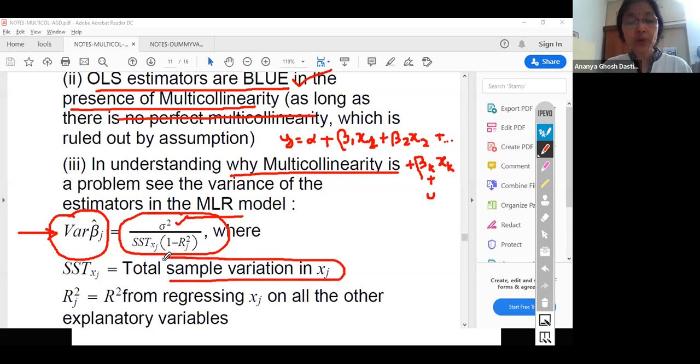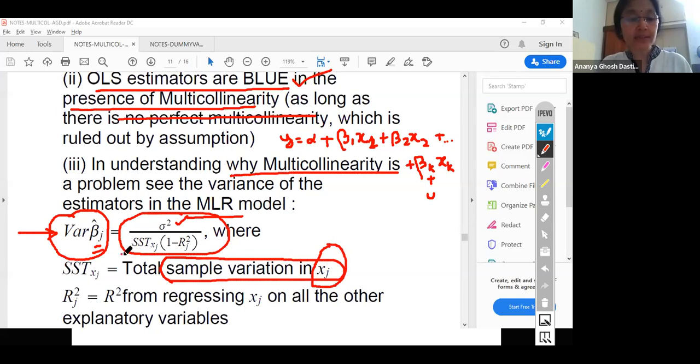So if I'm talking about beta hat 1, the variance of beta hat 1 is a function of sigma square and of the total variation in x1. If I'm talking about beta hat 2, the variance of beta hat 2 is a function of sigma square and of the total variation in x2, and so on. So the variance of beta hat j is a function of the total variation in xj.